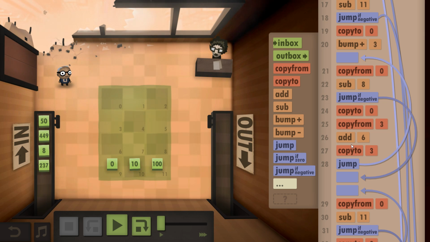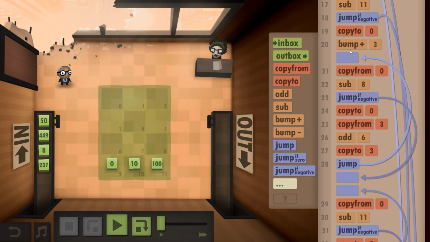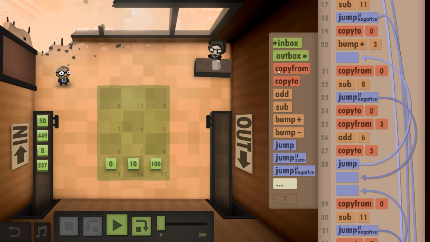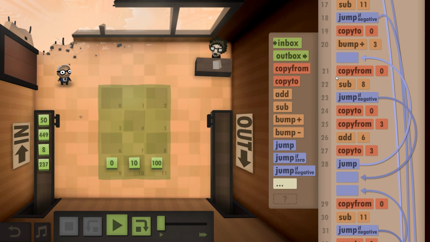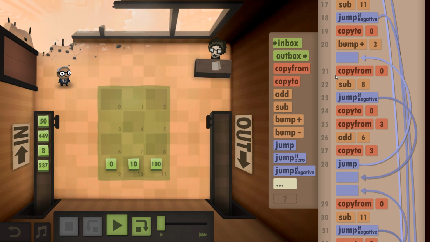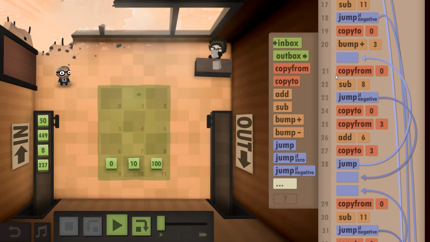If I copy from at the end, does it save me anything? But then I need an extra copy from out there, but that would only happen once per inbox item, per input. Then the break would be one command shorter, and the non-breaks would be the same length.